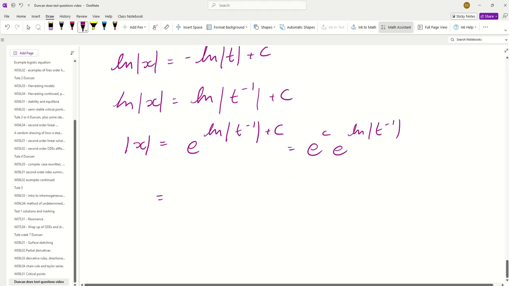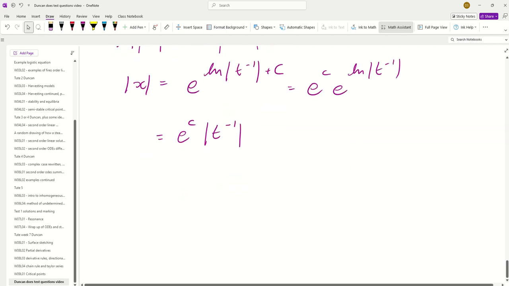And so this e to the c, then I've got e to the log, so that's absolute value of t to the minus 1. I can ditch the absolute values by multiplying through by plus and minus, but it's actually an operation on both sides, so that's cool. And I've got x equals e to some constant divided by t. If I let e to the c equal a, just for convenience, I've actually recovered my guess.